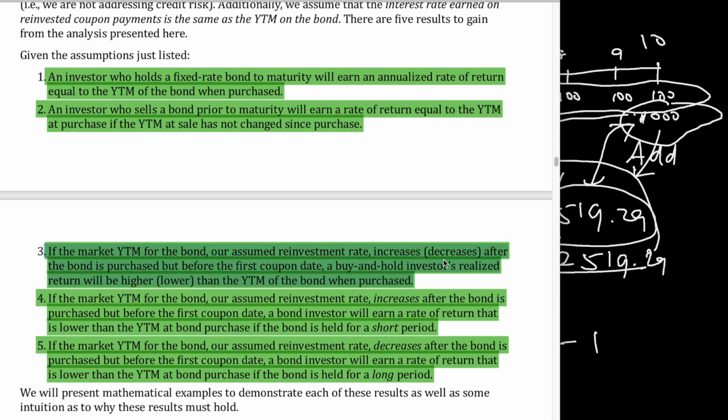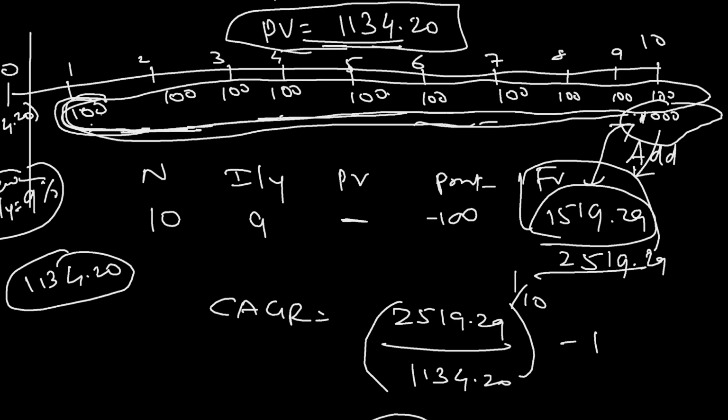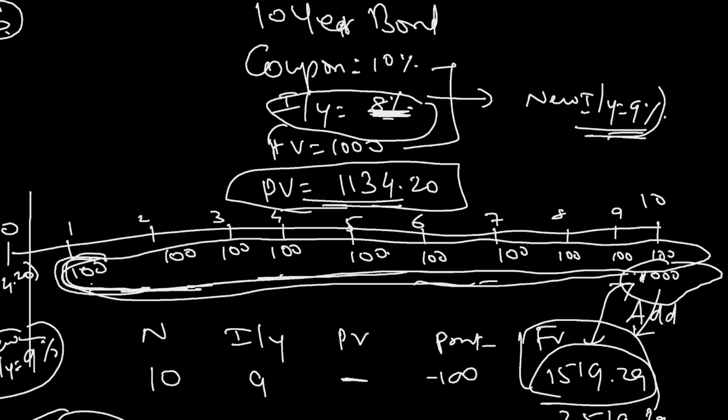Now here, what if the interest rate comes down? Okay, so if the interest rate comes down, the returns will be lower. Okay, so again that is logical because I'm going to reinvest at the lower rate. See, here in this case what happens is interest rate has gone up. What if interest rate has gone down from 8 to let's say 7 percentage?